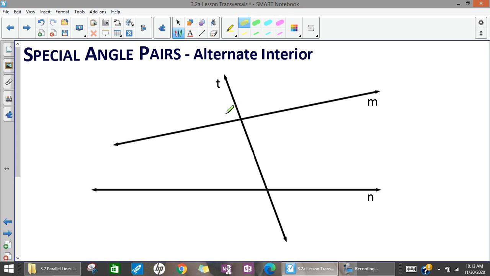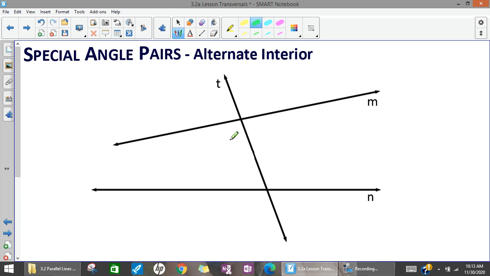For example, I'd have that linear pair, or those vertical angles. I wouldn't need line N to have linear pairs or vertical angles in this picture. But when I do have all three of these lines, I do get some special angle pairs, and they only exist because I have a transversal that crosses these two lines.